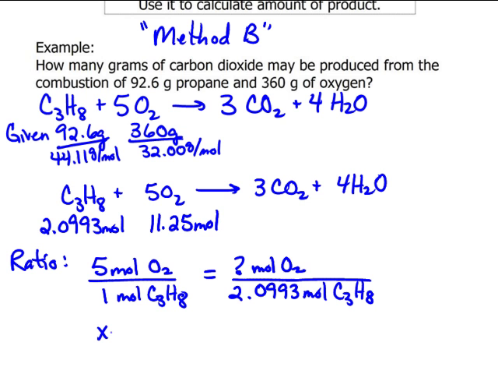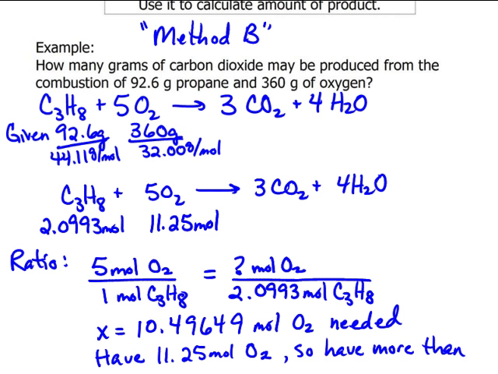Alright, so when I find out what that question mark is, I punch it in the calculator and it is 10.4964 and so on. Calculator gives me a whole lot of digits. Alright, so that's how many moles are needed to react with all of the propane.